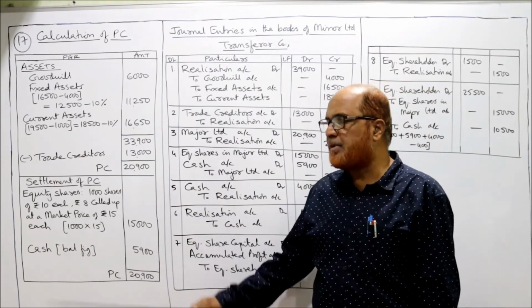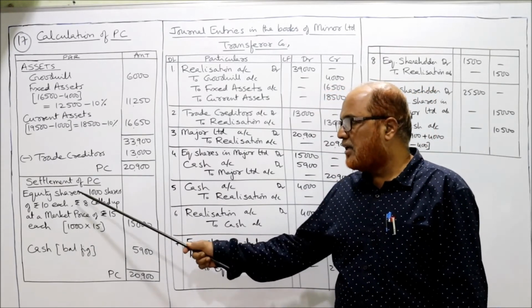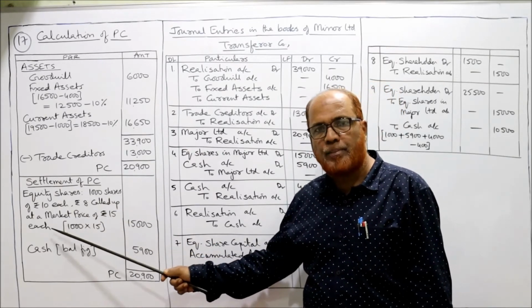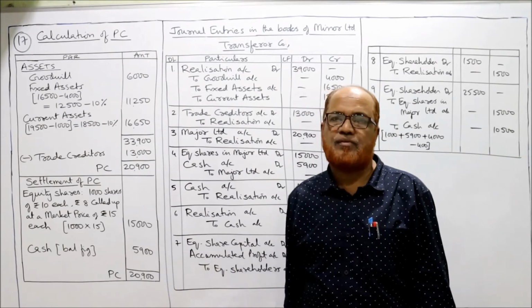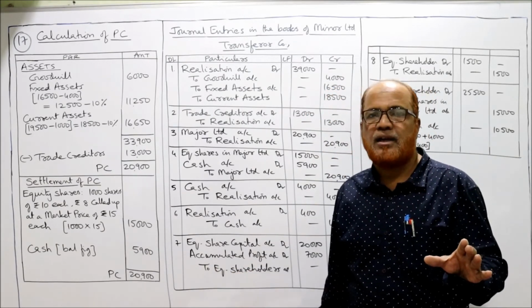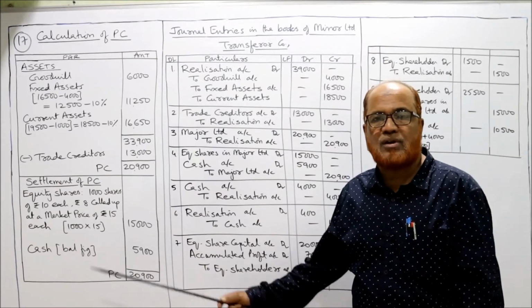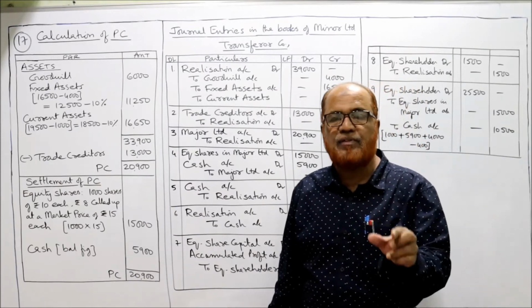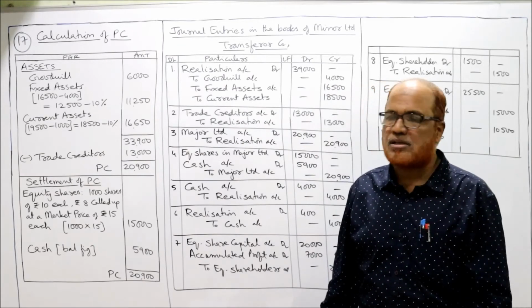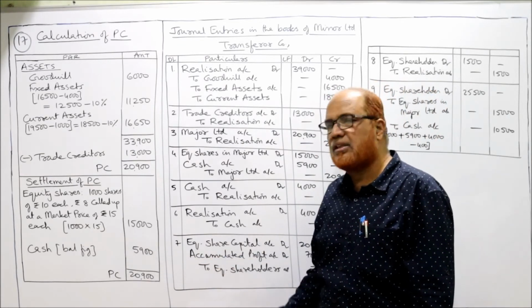Now settlement of PC, how will the PC be settled? Equity shares: 1,000 shares of rupees 10 each, rupees 8 called up, at a market price of rupees 15. Actually the share is of 10 rupees, 8 rupees is called up, but its market price at this time is running at 15 rupees. At 15 rupees Major Limited is issuing the shares. So 1,000 into 15, 15,000.